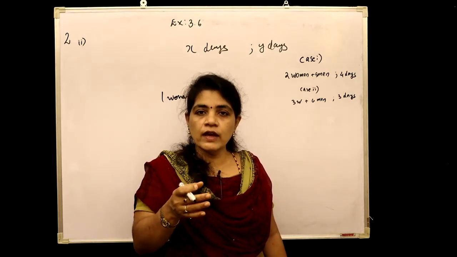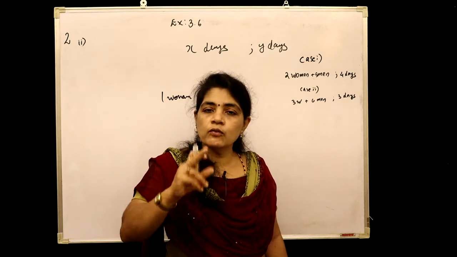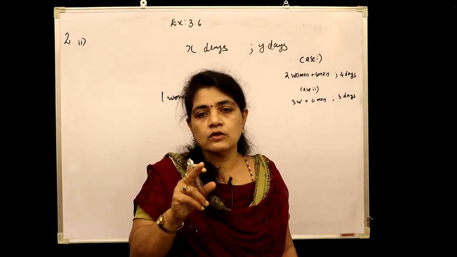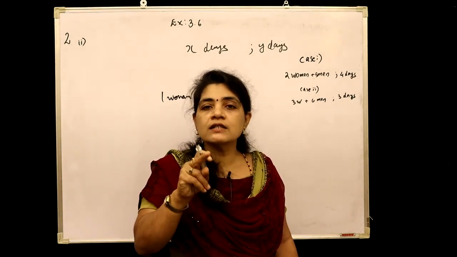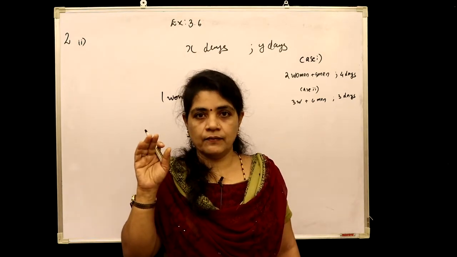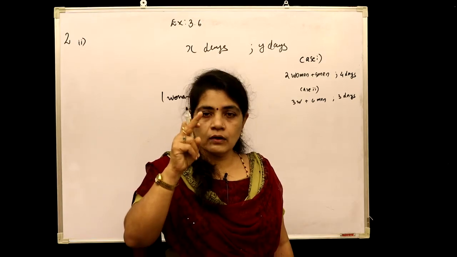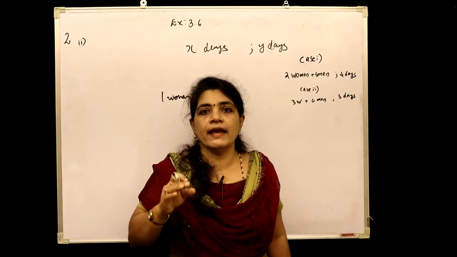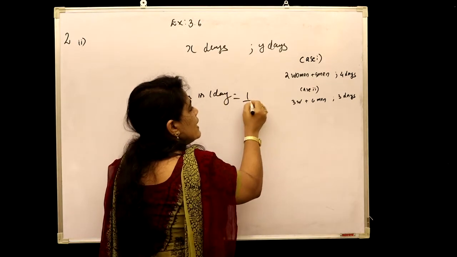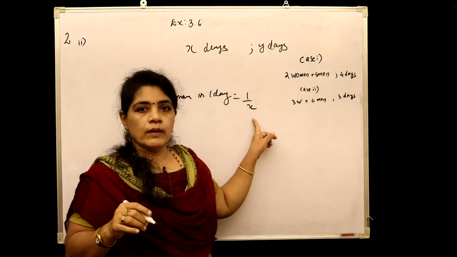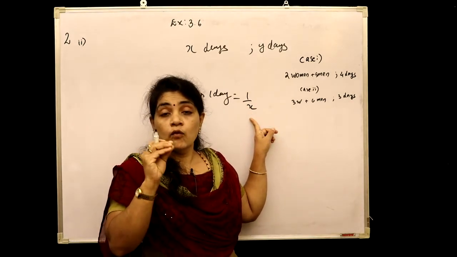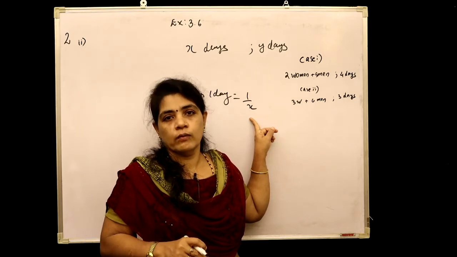In the same way, the time taken by one woman alone is x days, so one woman's 1 day's work will be 1/x. The total is x, and the whole is 1. So 1/x is the one day's work of one single woman.